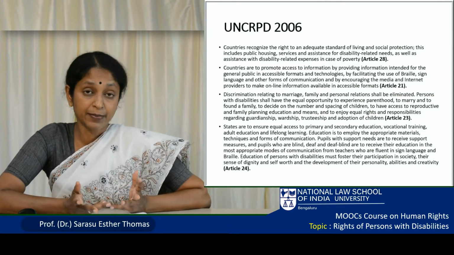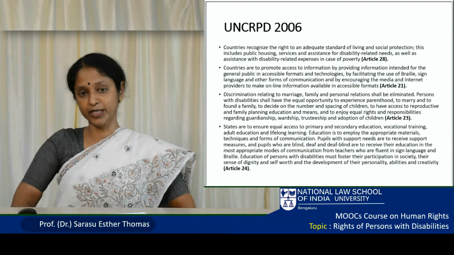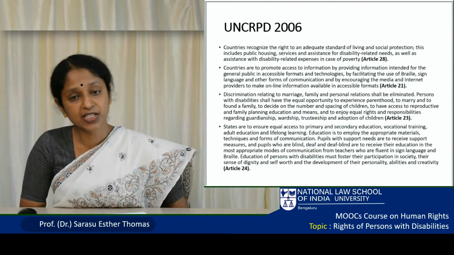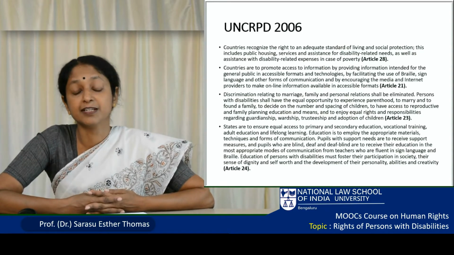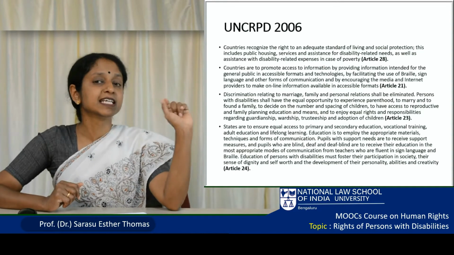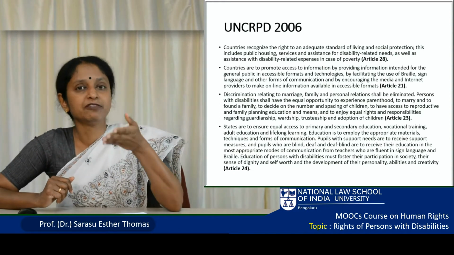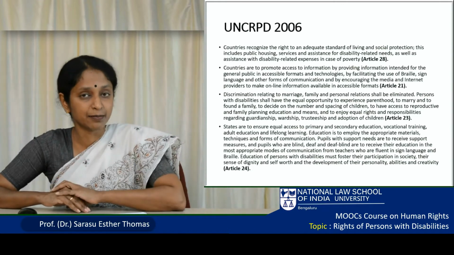While this does not happen all the time, it is at least increasing now in many ways. We see also that discrimination relating to marriage, family and family relations must be removed. This is something we will discuss a little more in detail when we look at intersectionality and gender, because, well, face it, women are discriminated against in families and women with disabilities are doubly discriminated against.